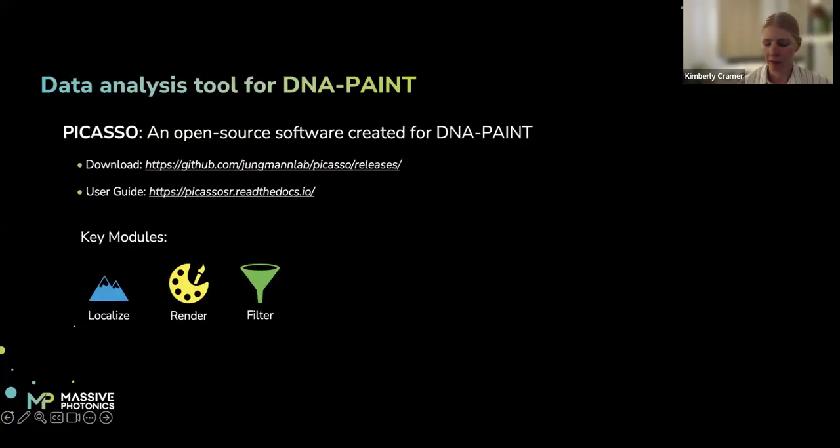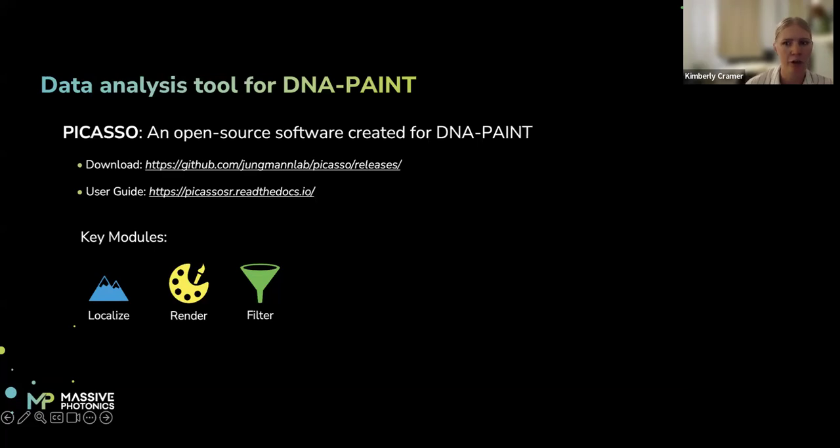And the best data analysis tool for DNA paint that we have found and we regularly use is Picasso. And this is actually from the Ralf Jungmann lab. They created it and made it publicly available using a publication in 2017, but you can download it. You can either download the coding version or the desktop icon version if you don't want to do coding.